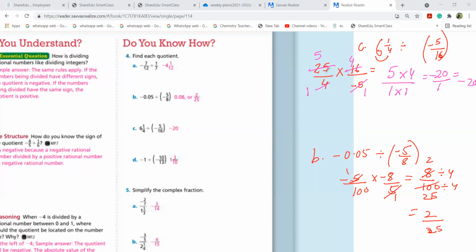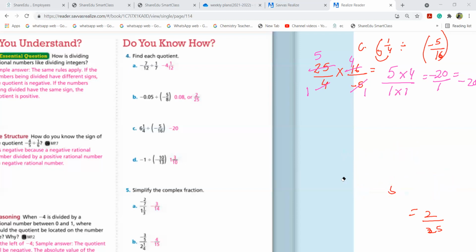Finish? Let me erase and do D. Minus 1 divided by... sorry, the division becomes multiplication, and I will flip it.